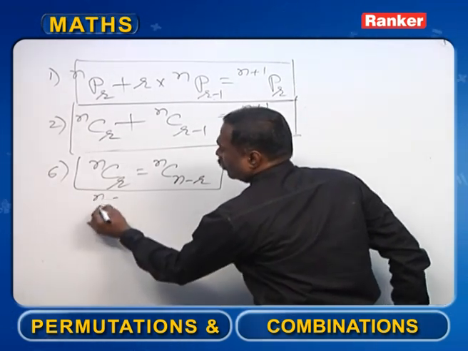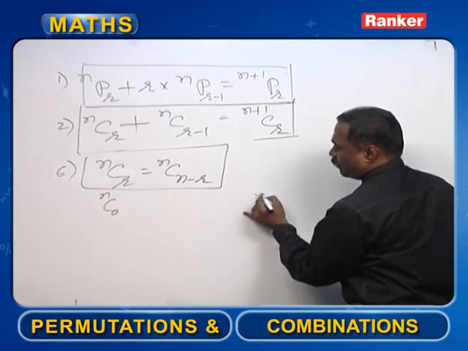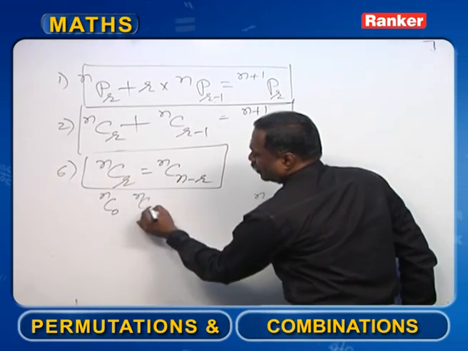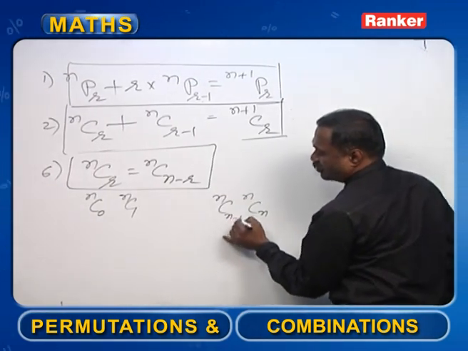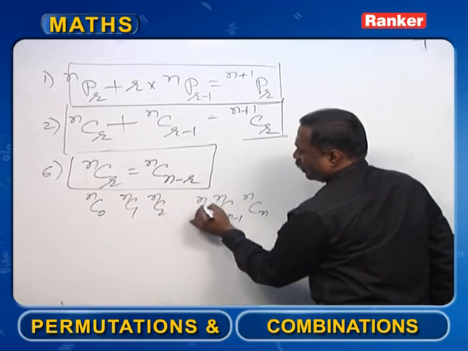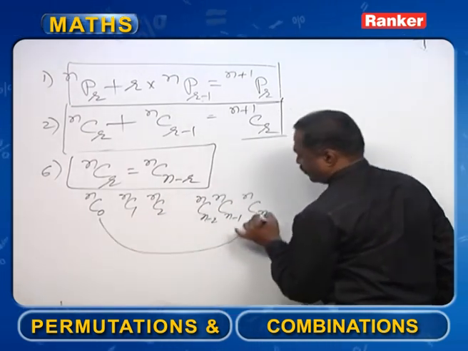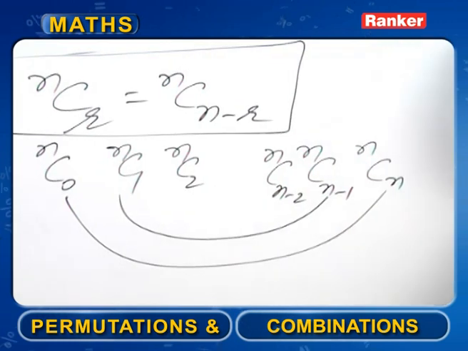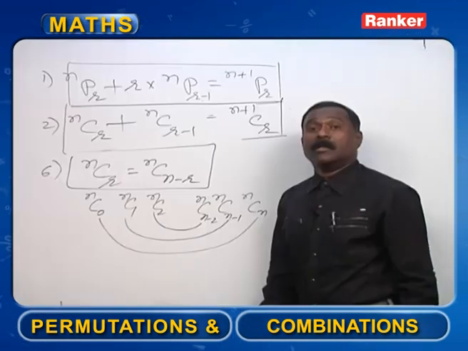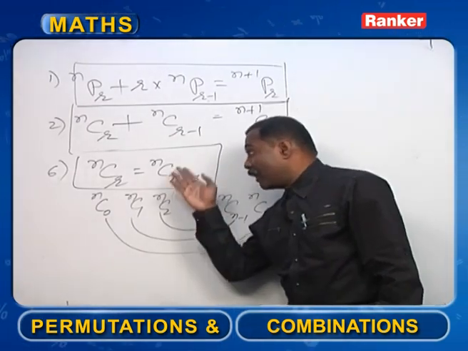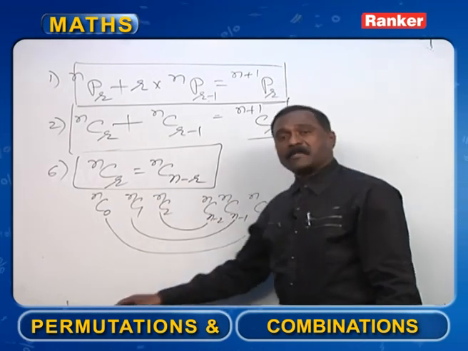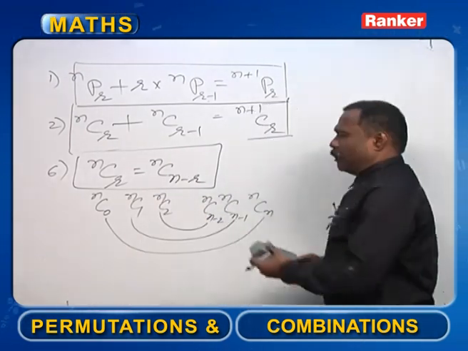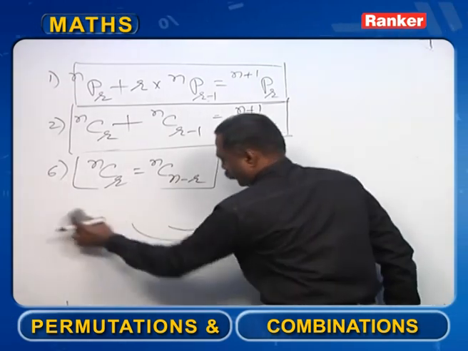You know that the binomial coefficients are like this: NC0, NCN, NC1, NC(N minus 1), NC2, NC(N minus 2). That means NC0 and NCN are equal, NC1 and NC(N minus 1) are equal, NC2 and NC(N minus 2) are equal. Basing on this property only, in the expansion, the binomial coefficients are used.